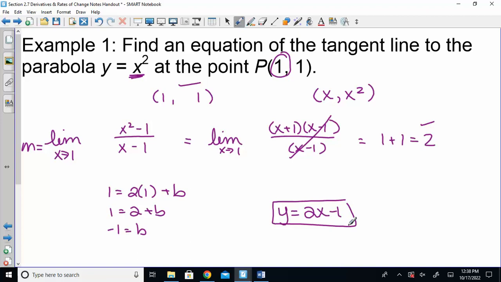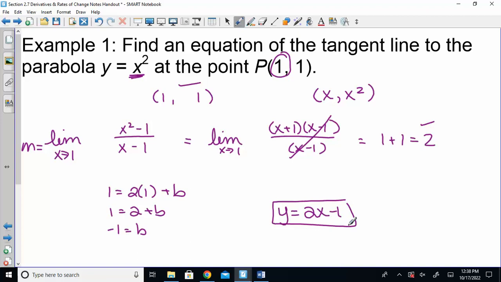All right. We would like to be more general than this because sometimes we are going to need the slope of the tangent line at multiple points. And if I'm plugging in those x's from the beginning, then I have to redo the problem every time I give you a different x value.